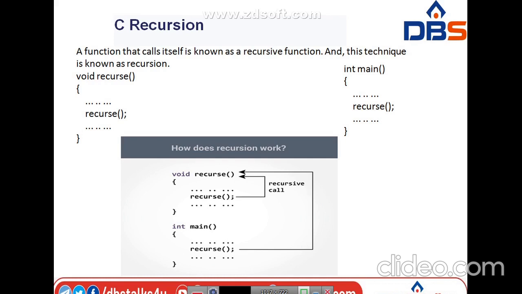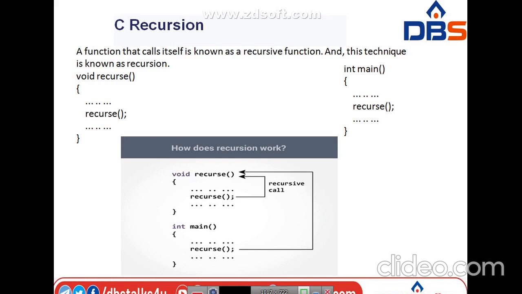Okay, so here, for example, a recursive function based on the factorial. Before the main I'm going to take int fact, within the brackets I'm going to take one argument, int n. Within the main I'm going to take variables like int n and int f.